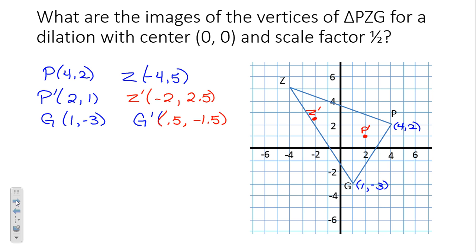So we're a half of the way to the right, 1.5 down, in the middle of that box, and we're going to label that G prime. Similar. Reduction, dilation.